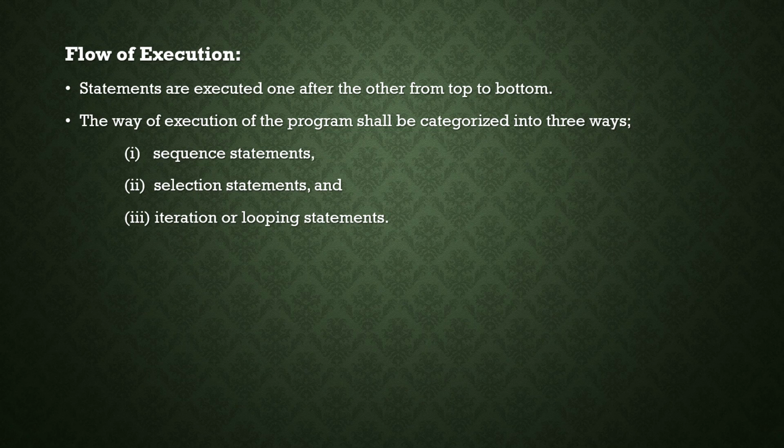Second one, selection statements. What do you mean by selection statement? Selection statement means there may be some condition, and according to the condition we have to use decision making. According to the condition, if it is true, it will execute some set of instructions. If the given condition is false, it may execute some other set of statements. These are selection statements.